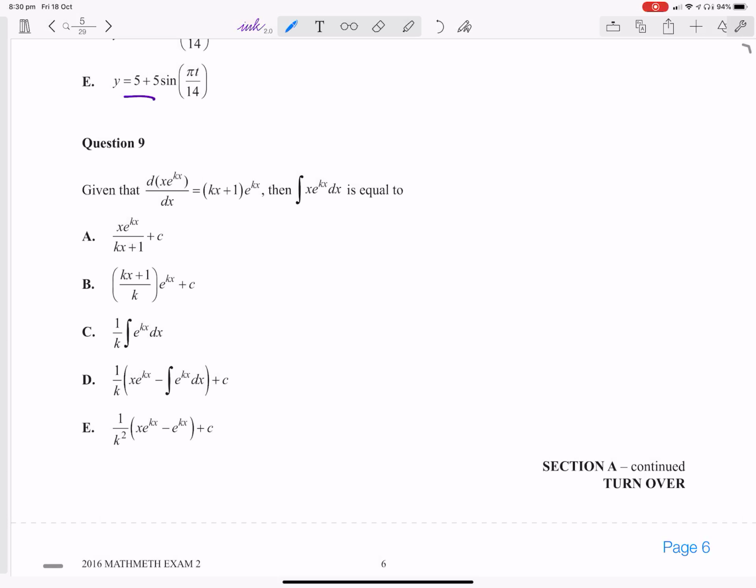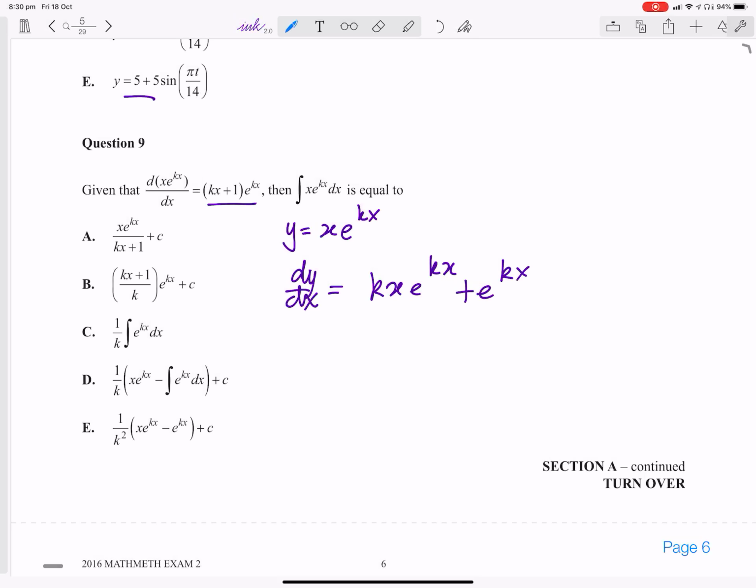Okay, given that d dx of x e to the kx is that, I'm going to change this. If we say y equals x e to the kx, dy dx is equal to this, but I'm going to expand it: kx e to the kx plus e to the kx.